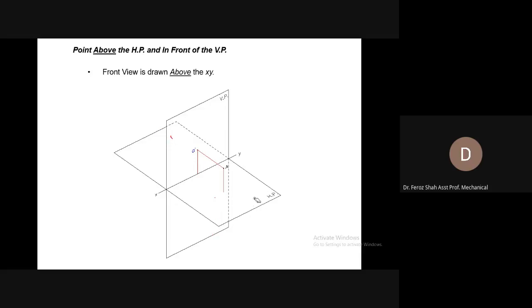These two principal planes are also working as reference planes, because if you refer to this point A, you will say that the point A is, for example, 10 millimeter above the horizontal plane and 15 millimeter in front of the vertical plane.